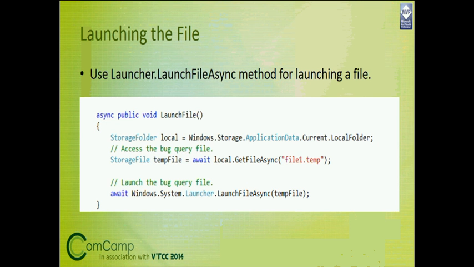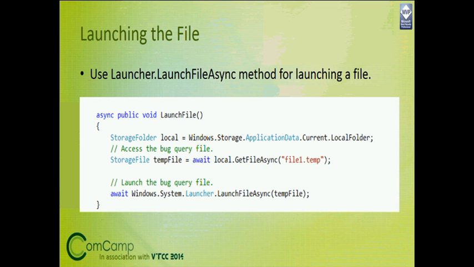Launching the file was something that we already saw in the previous example, where I showed you how to launch a PowerPoint file. This will generally be done in the other application. For example, if application A is our application where we are defining the file association, in this example .temp, whenever a .temp file is opened, I launch application A. So there should be other applications, say application B, which will launch this file.